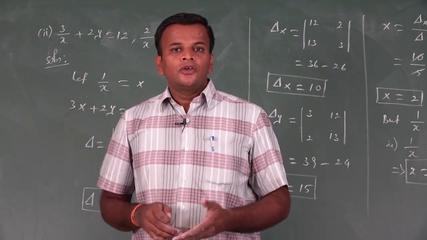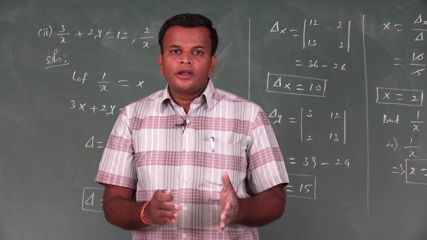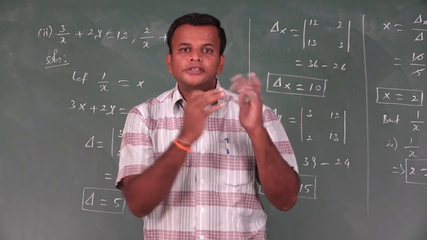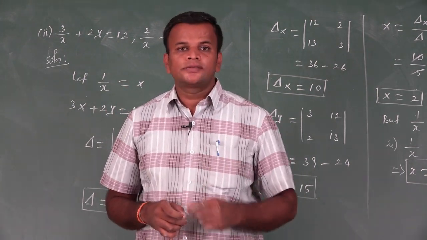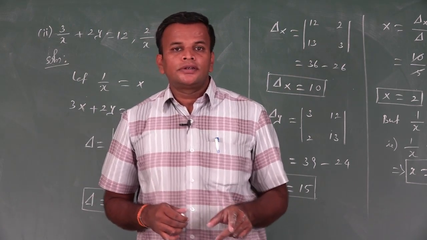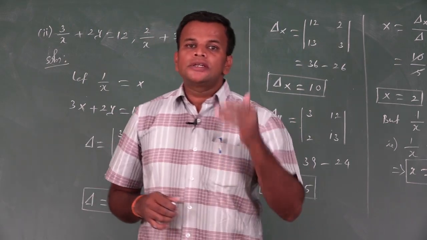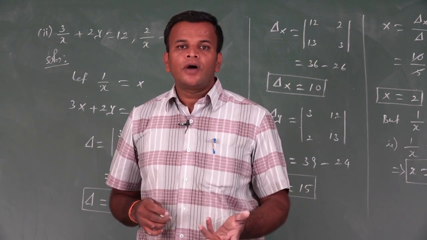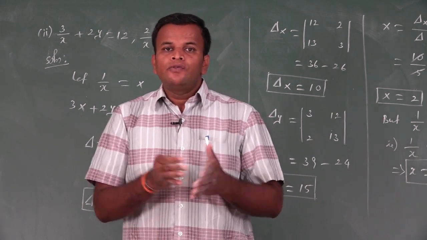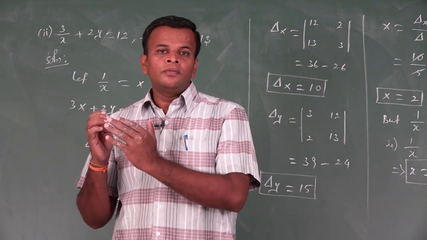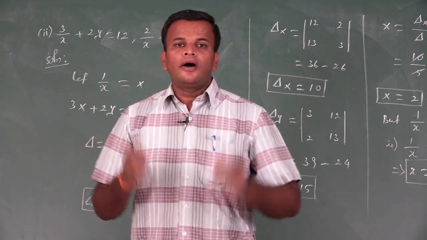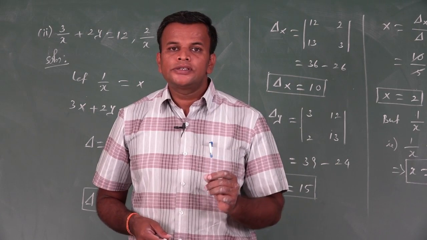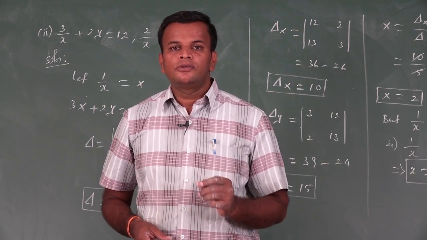In del x, we remove the coefficient of x column, we enter the RHS values. That is the value of del x. The formula to calculate y is del y by del. How to calculate del y? In del y, we remove the coefficient of y column and we enter the RHS value. The same model sum lies in the example also. We must try.